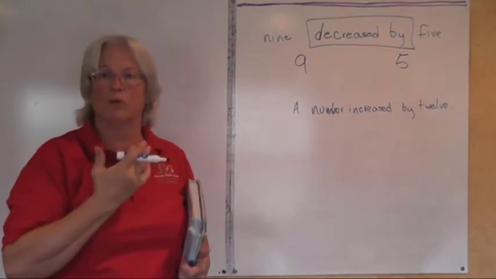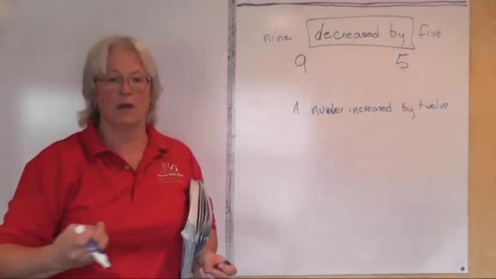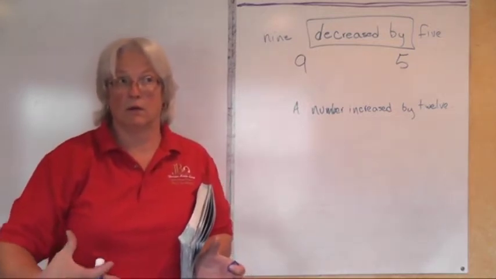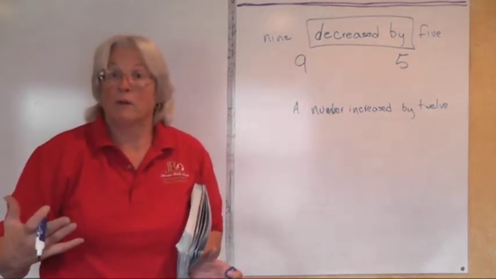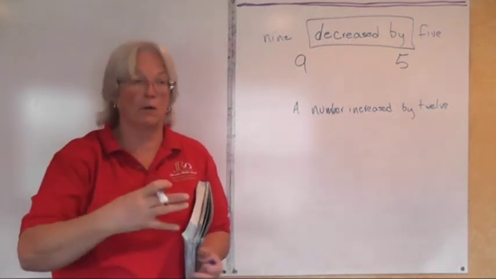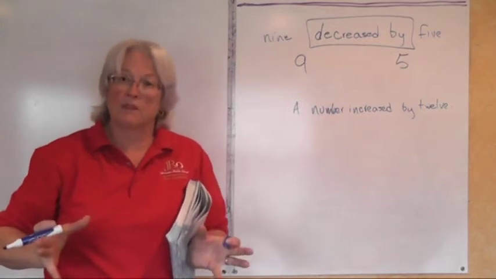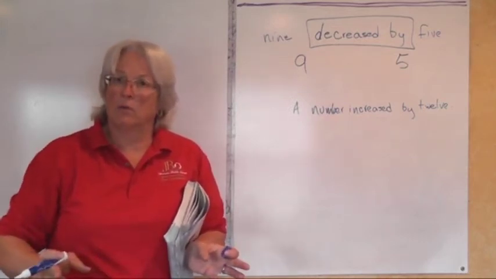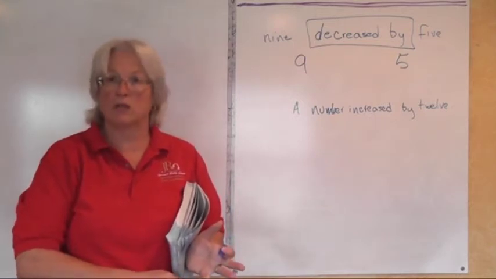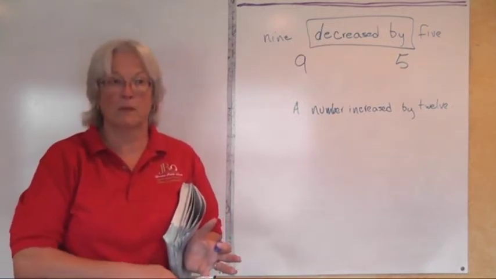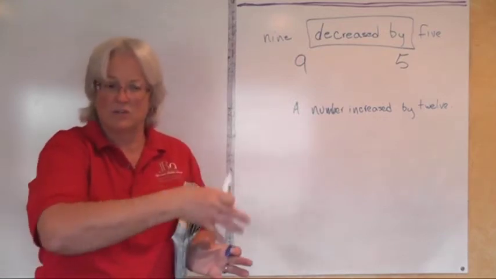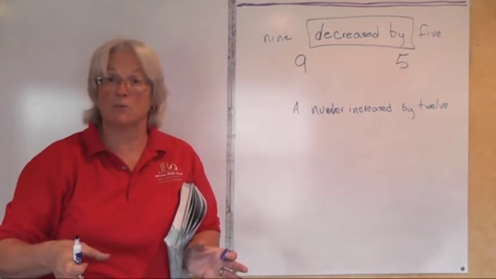Now, what do you think of when you think of decreasing something? If the amount of pizza on your plate decreases, do you have more of it? Do you have now a great big huge stack of pizza on your plate? No, it's getting smaller. So decreased by is talking about shrinking. Now, what mathematical operations do we have? We have multiplication, which makes something bigger. We have division, which separates, chops stuff into a bunch of equally sized parts.